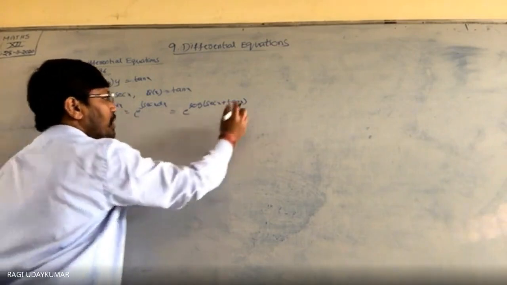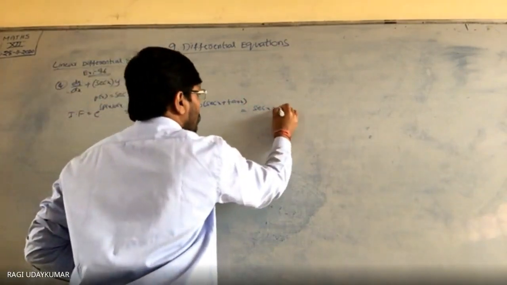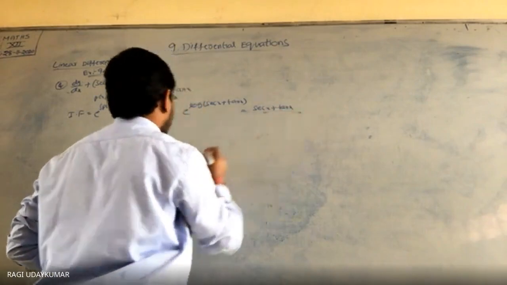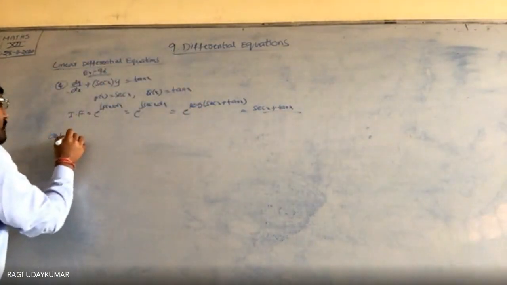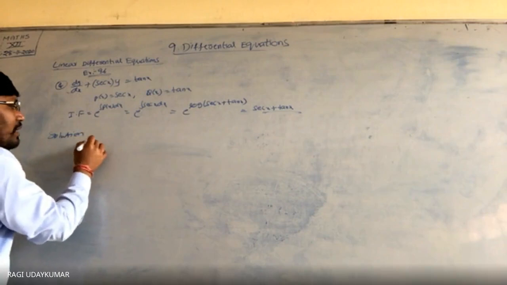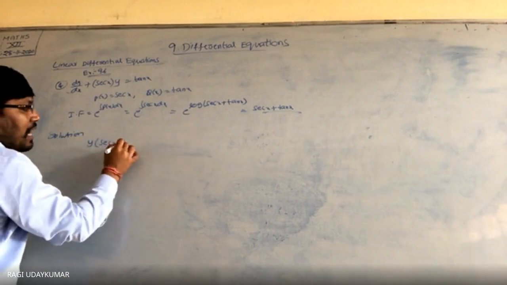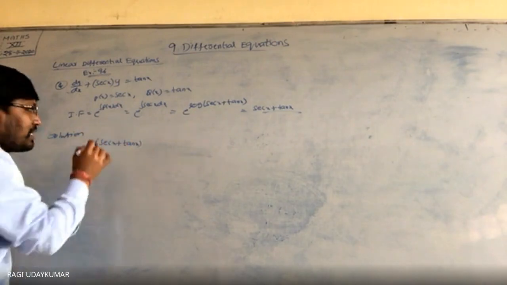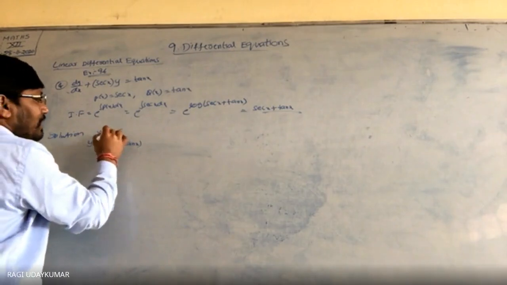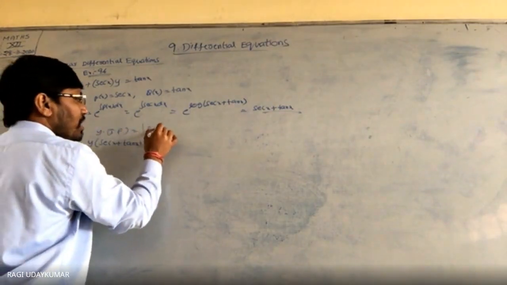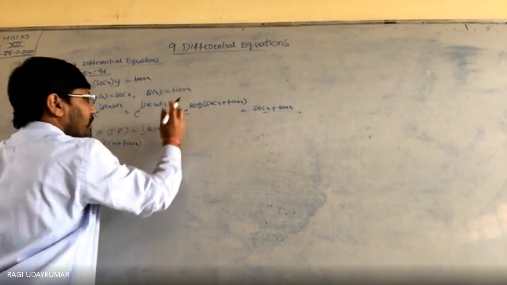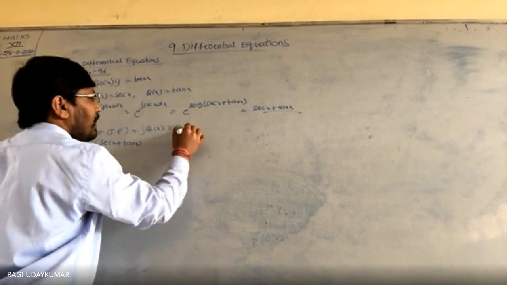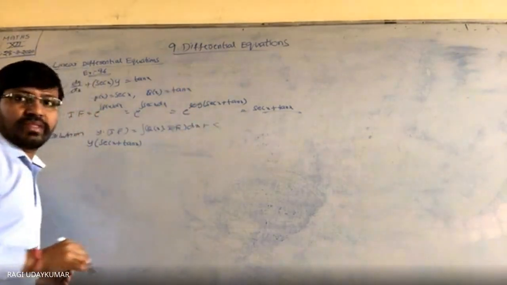So you are going to get secant x plus tan x as the integrating factor. Therefore, the solution is y into integrating factor. I am writing directly, but you need to write here: y into integrating factor is equal to integration of q of x into integrating factor into dx plus c.